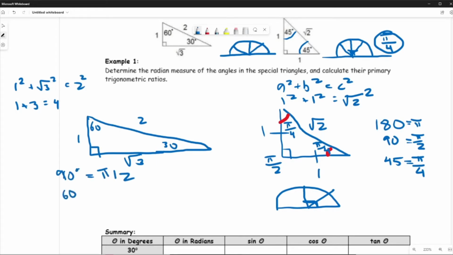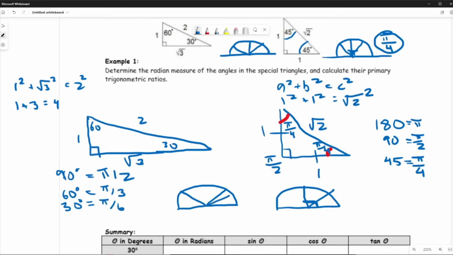Now, a 60. How should we think about a 60-degree angle? Well, a 60-degree angle goes into 180 3 times: 60, 120, 180. So a better way to think about it is just a third of a semicircle, so pi over 3. 30 goes into 180 6 times, so we will think of it as pi over 6.